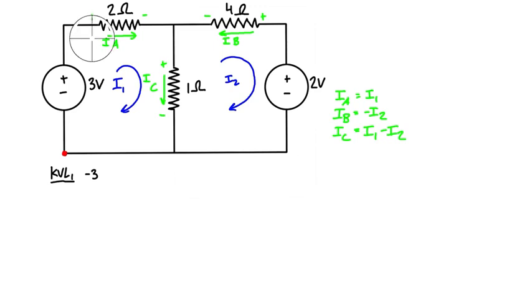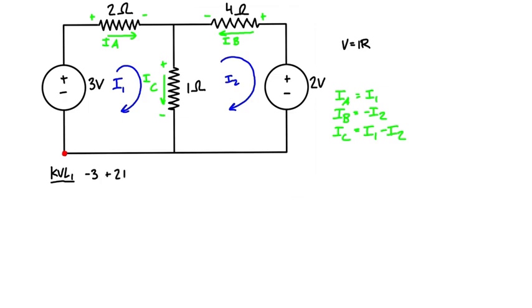And then when we enter the resistor, we're entering the positive terminal, so I'll take that as positive. Remember we have Ohm's law, which is V equals IR. We don't have the actual voltage drop right now, but we do have the resistance and a term for the current. So it's just IA times the resistance, which is 2 ohms. I'm going to drop the units because each term here is in volts.